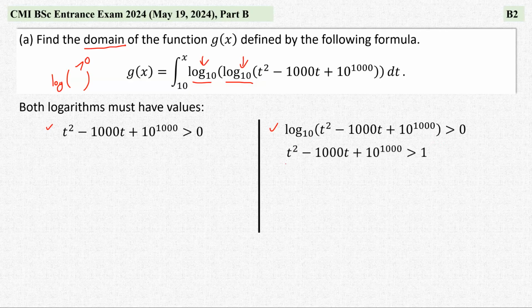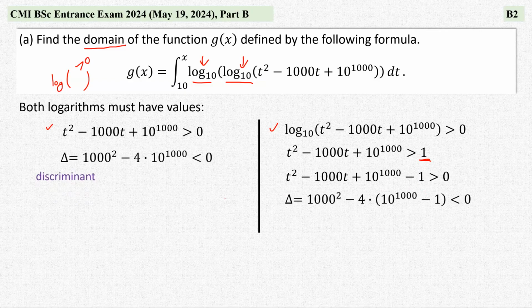As for the second inequality, this means that t squared minus 1000t plus 10 to the power of 1000 is greater than 1. So t squared minus 1000t plus 10 to the power 1000 minus 1 is greater than 0. Here, if you examine the discriminants of both quadratic equations, you can easily notice that they are both negative, simply because this 10 to the power of 1000 is way too large compared to other terms.